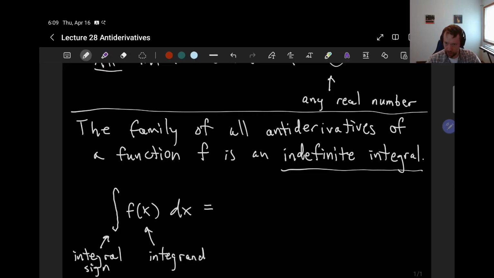So this indefinite integral, again, is the family of all antiderivatives of f of x, which we call capital F of x, for some antiderivative, and then you write plus C, a capital C, where C can be any real number, and then this gives you all of them.